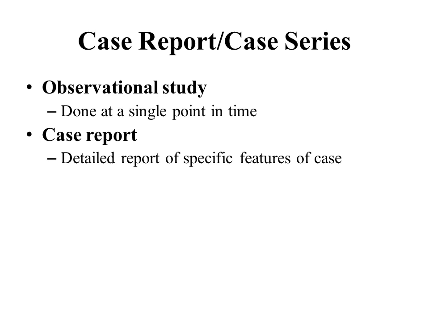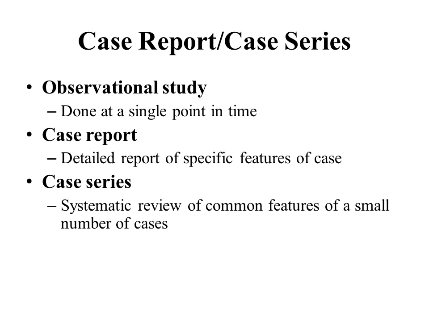So we look at maybe what happens to one specific person, and then look at the details of their particular scenario. In a case series, we systematically review common features of a small number of cases. So instead of focusing on just one specific case, we look at a few cases.